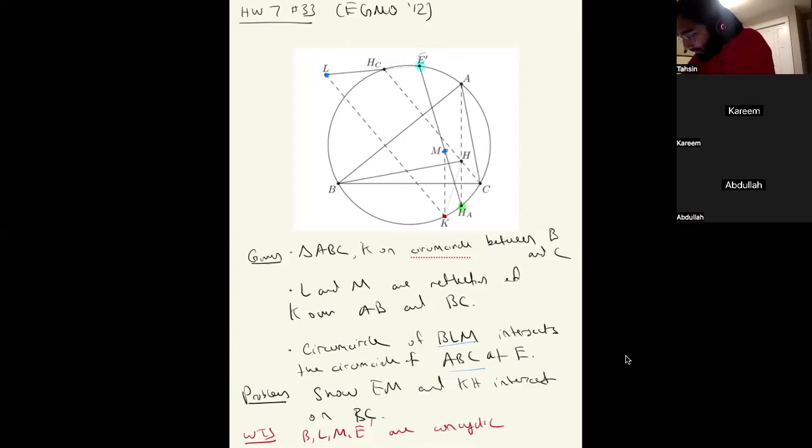And now if you take the other reflection over AB and get HC, it's not obvious, but there's an observation that these three look collinear, and in fact they are.